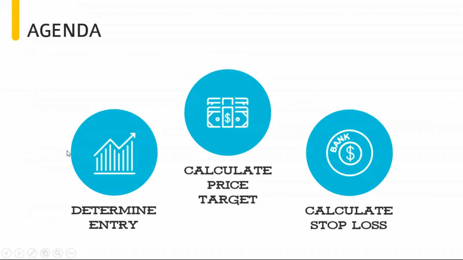Step one, the first thing we're going to talk about right off the bat, is how to determine your entry based on what type of pattern you're playing or what type of stock it is. This is kind of a step 1, 2, 3 process, if you want to think about it that way, which makes it a little easier. Step 2 is to calculate your price target, and step 3 is to calculate your stop loss.